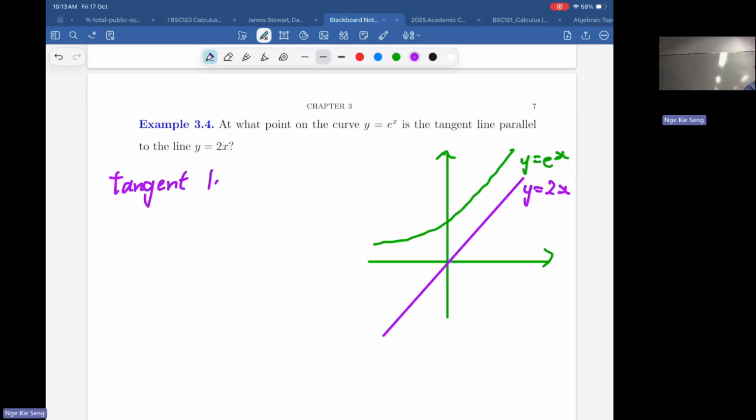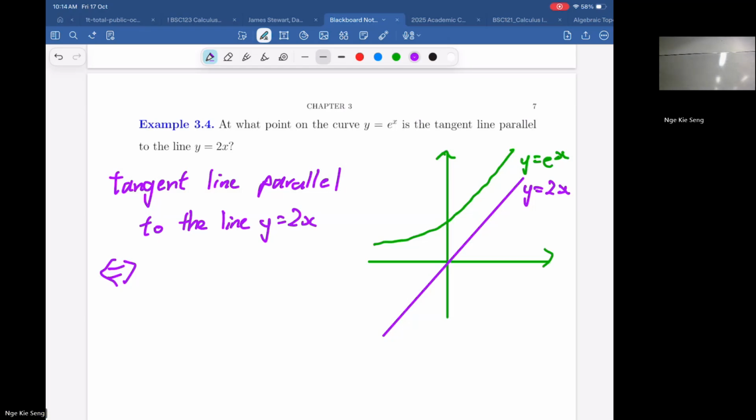So tangent line parallel to the line y equals 2x is equivalent to finding what? In this class, there's one technique you need to learn: you need to turn your real life problem into a question that you can solve in calculus.